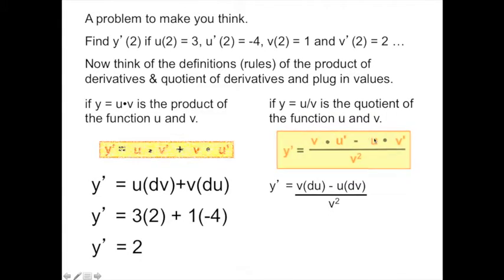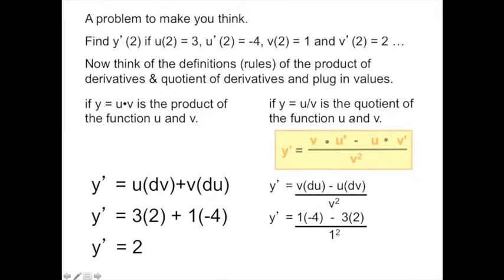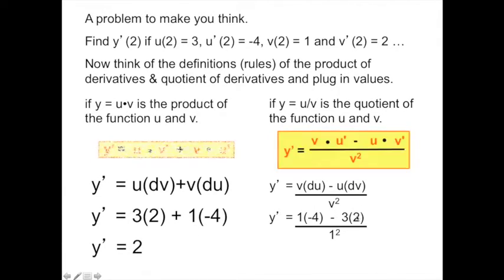And again, we have all of these values. So substituting this in, it looks like the value of function v is 1. The value of the derivative u prime is negative 4. The value of function u is 3. There it is. The value of the derivative of v is 2. There it is.